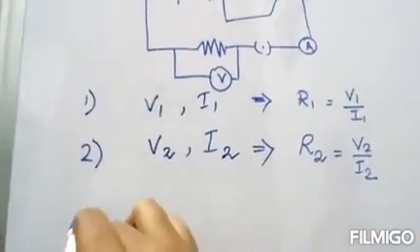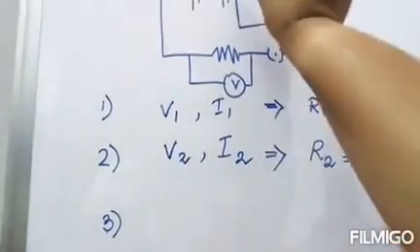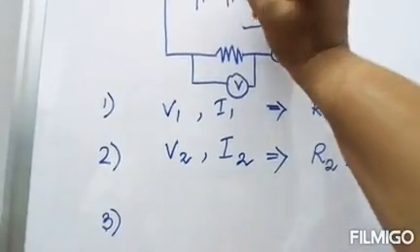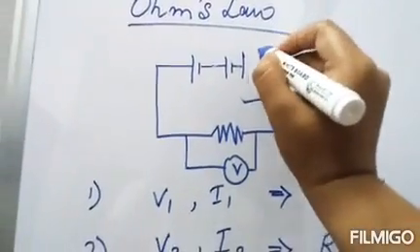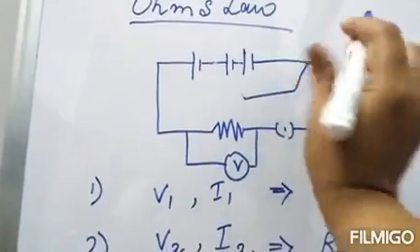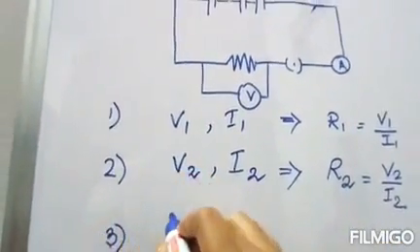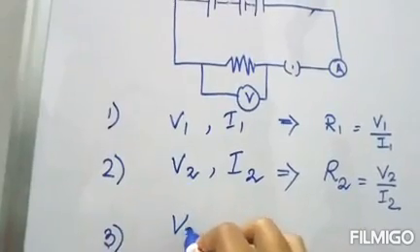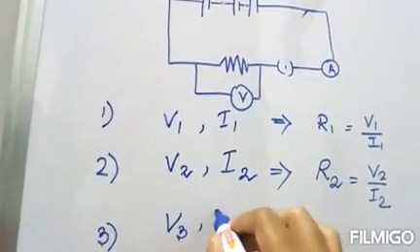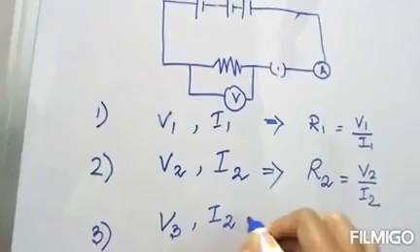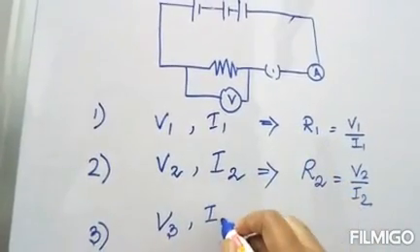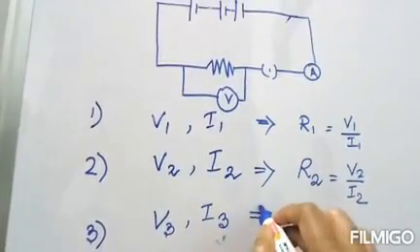And in the third case, let me connect another cell or battery, and in that case also, suppose my voltmeter reading was V3 and my ammeter reading was I3. What is voltmeter reading and ammeter reading?